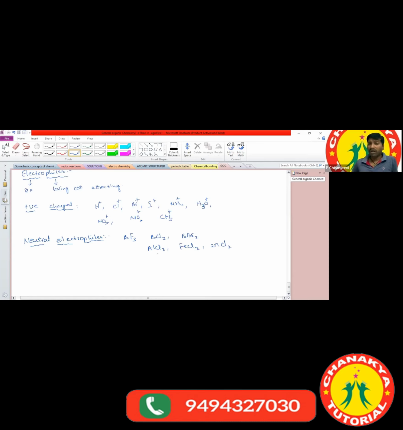How can we call these neutral electrophiles when there is no charge on the molecules? Do these molecules have any charge? No, sir.